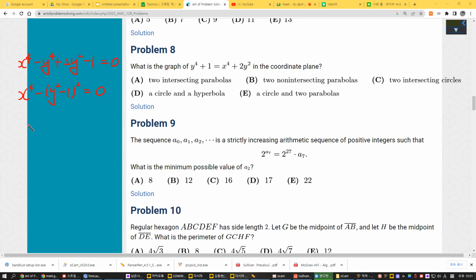Something like this. So, yep. What's the type of conic section for the first parenthesis?